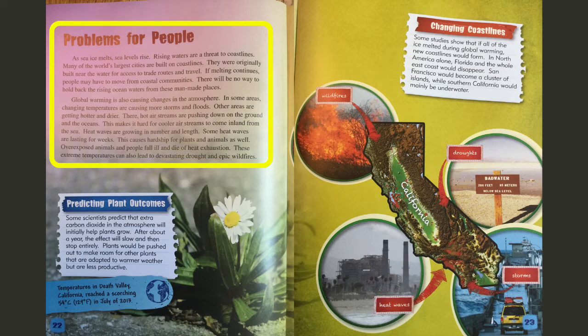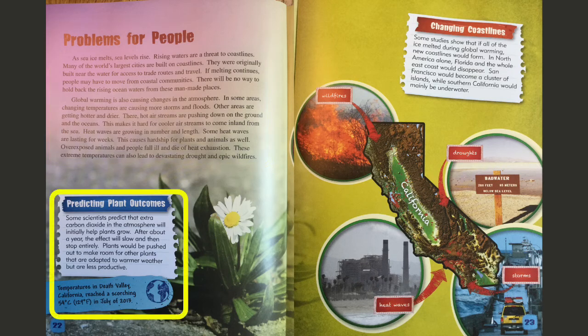These extreme temperatures can also lead to devastating droughts and epic wildfires. Predicting plant outcomes. Some scientists predict that extra carbon dioxide in the atmosphere will initially help plants grow. After about a year, the effect will slow down and then stop entirely.